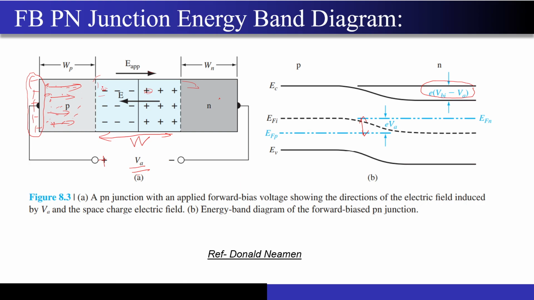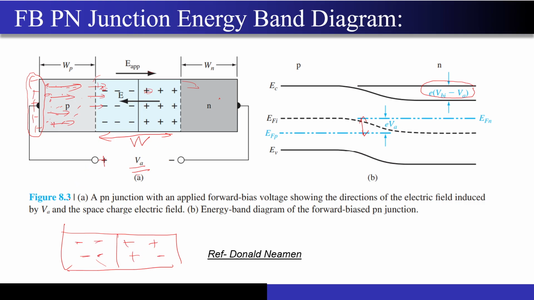Initially there were no free carriers present in this depletion region W. Now holes came here and started to move into this region. If I zoom into this region, this was the negatively charged acceptor atoms and this was the positively charged donor atoms.